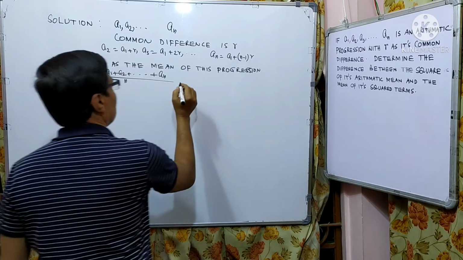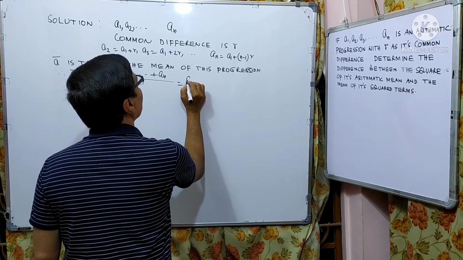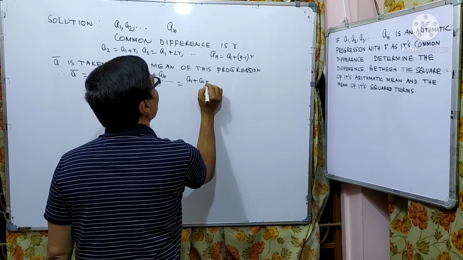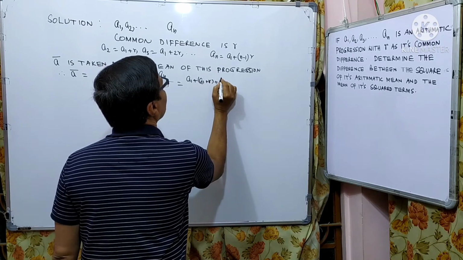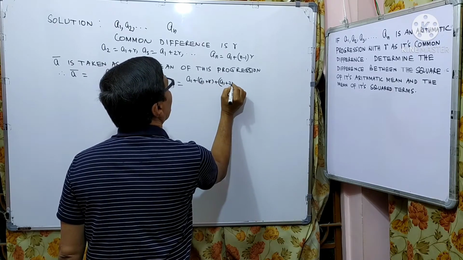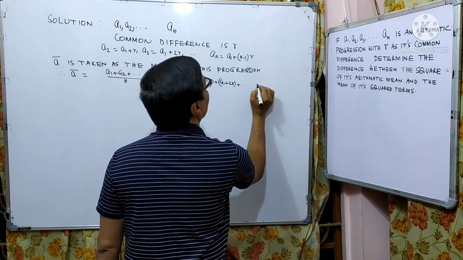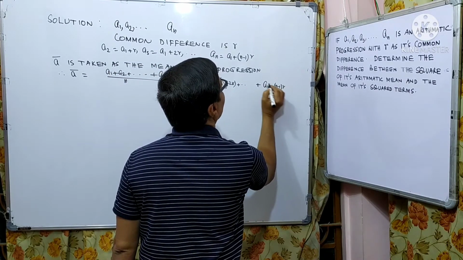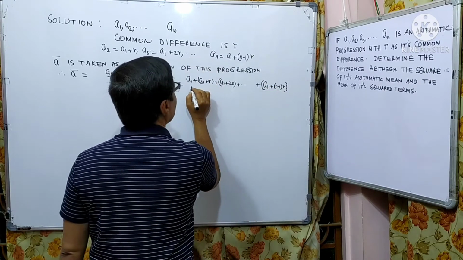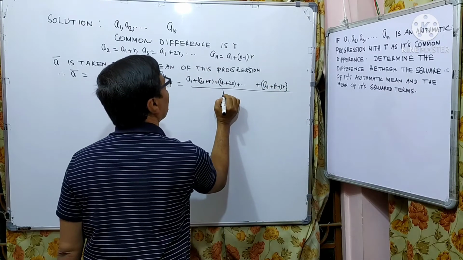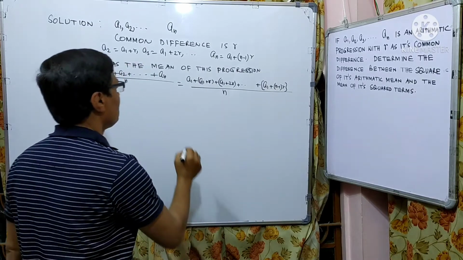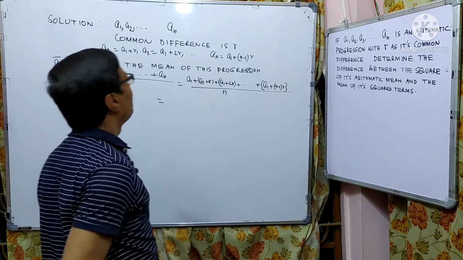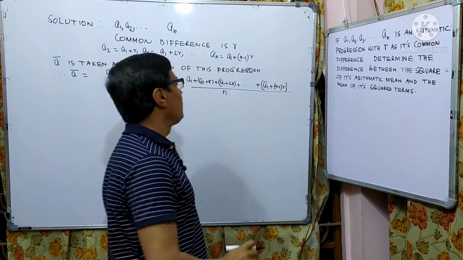So we can write a1, a2 is equal to a1 plus r, a3 is equal to a1 plus 2r, and so on. The last term is a1 plus n minus 1 into r, all over n. The number of a1 terms is n, the number of terms is n.